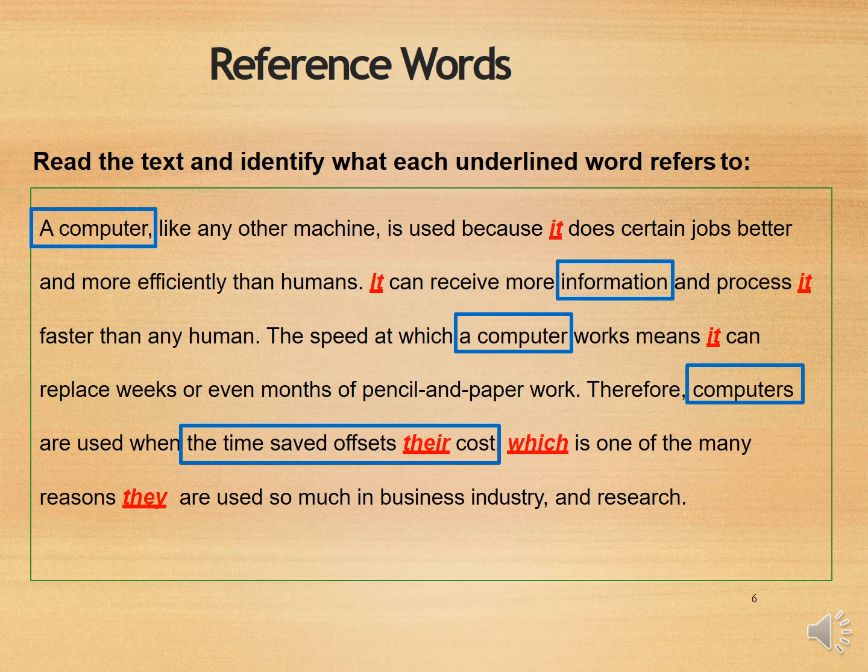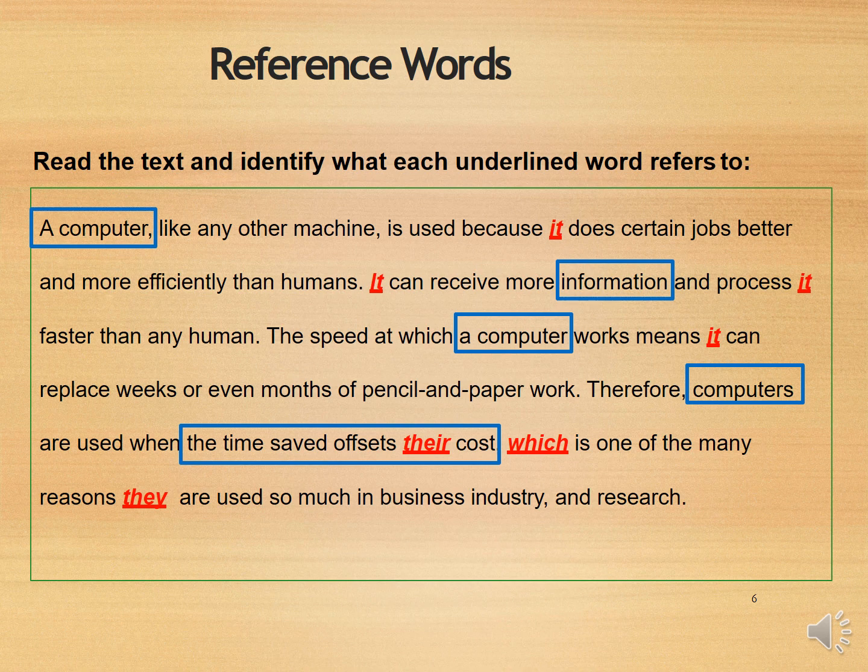Therefore, computers are used when the time saved offsets their cost, which is one of the many reasons they are used so much in business, industry, and research. So their here, notice that this is a possessive pronoun, so the answer must be referring to something that belongs to something.